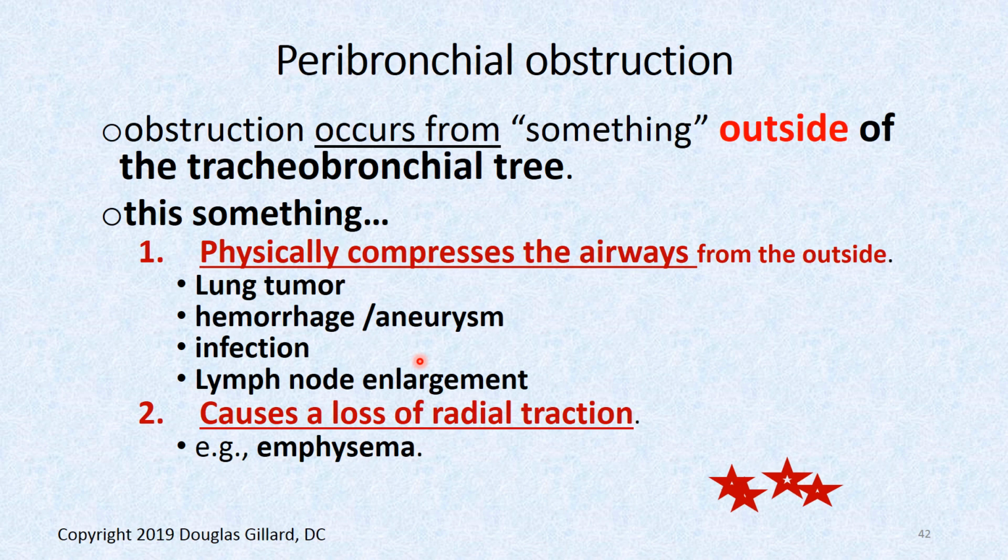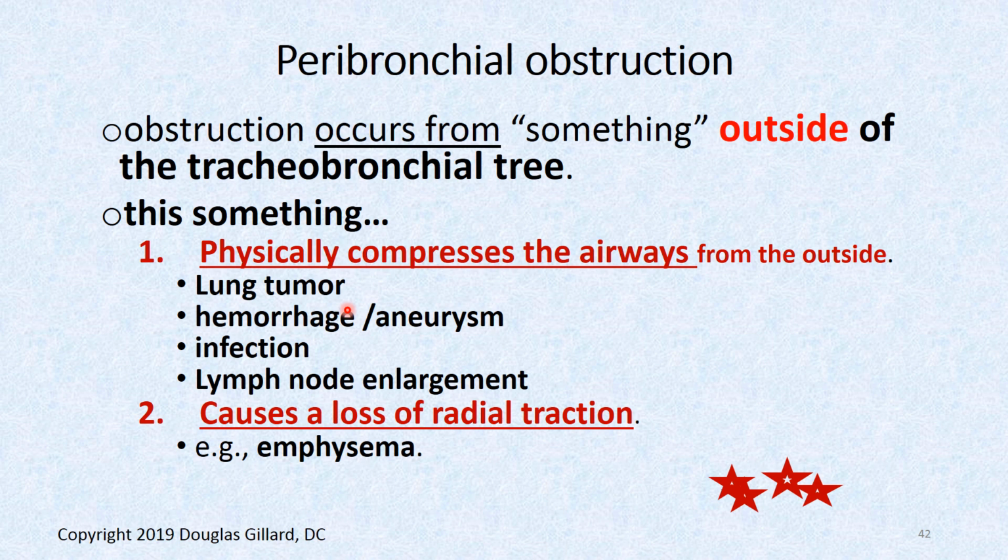Okay, what about peribronchial obstruction? Something squishing the pipe from the outside. That can do it too. So what if you got a lung tumor smashing in the parenchyma of the lung? That's going to be smashing a whole bunch of bronchi, and you're not going to be able to breathe downstream. Whatever alveoli those smashed bronchi are connected to aren't going to work very well.